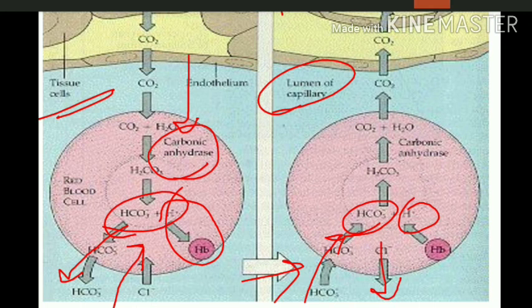H+ combines with HCO3- ions to form H2CO3, and in presence of carbonic anhydrase, this is further converted into H2O and CO2, and this CO2 is excreted. So this is all about the transport of carbon dioxide. Thank you.